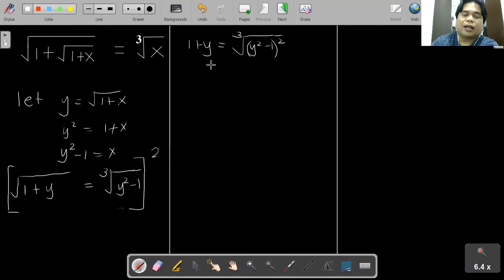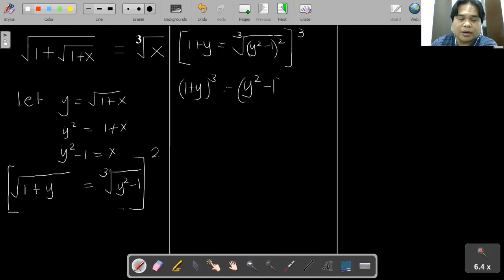Okay, and then after that, the next thing to eliminate is the cube root of 3. So to do that again, I'll just have to raise both sides to the power of 3. All right, so this becomes (1 plus y) to the power of 3, and then (y squared minus 1) squared.